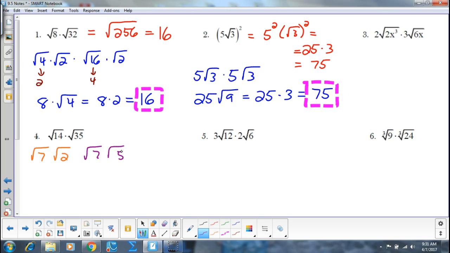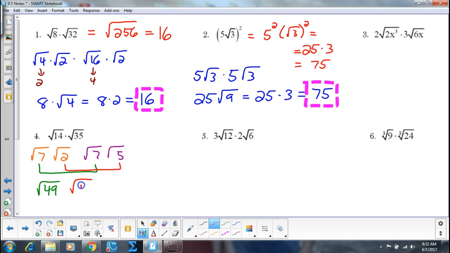Now, I'm going to do some crazy math. I'm going to say that these two multiplied together is the square root of 49, and these two multiplied together is the square root of 10. Now why did I do that? Because the square root of 49 is 7.